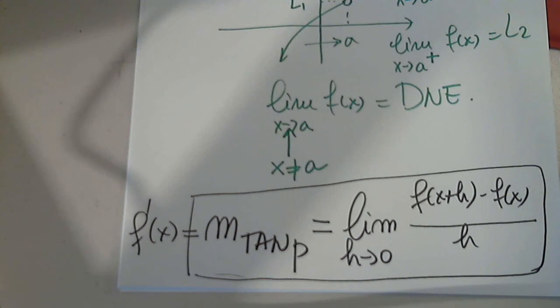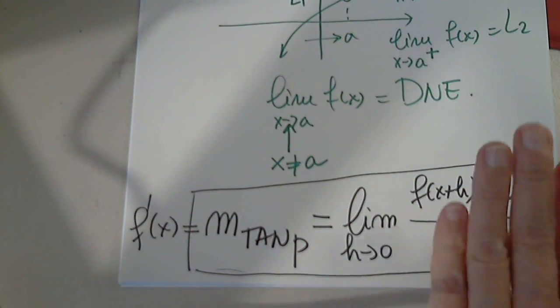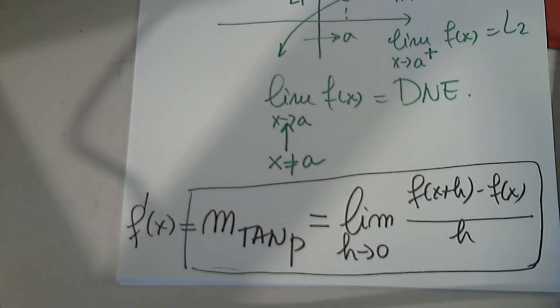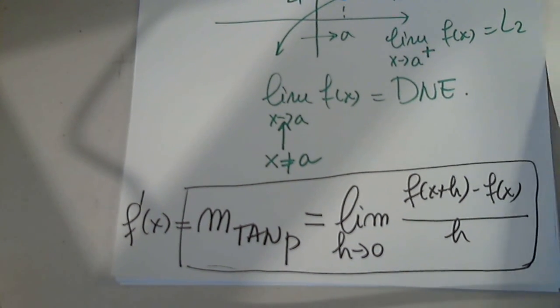We don't know what that means yet. So that's why we need to apply this operator to this function to find the slope of the tangent line at P.